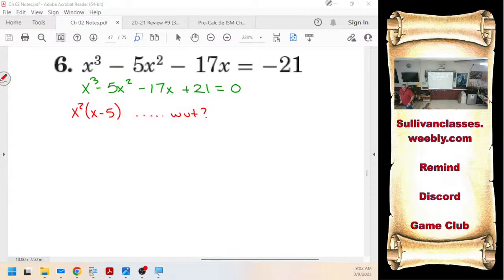If you tried factoring this, stuff's going to get raw on you. Okay, it's not really going to work out for us. There is a way. It involves splitting that negative 17x somehow.